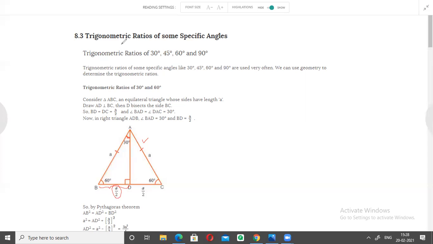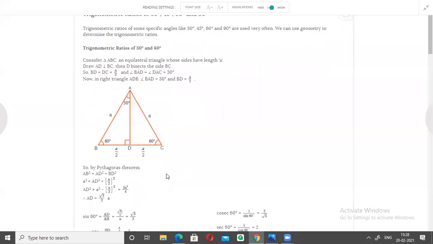Using Pythagoras theorem, AD square is equal to AB square minus BD square, or AD is equal to under root of A square minus A by 2 the whole square. So AD square will come as 3A square by 4 and AD will come as root 3 by 2 A. So this height will come as root 3 by 2 A.